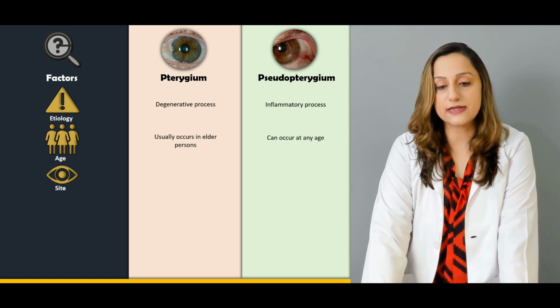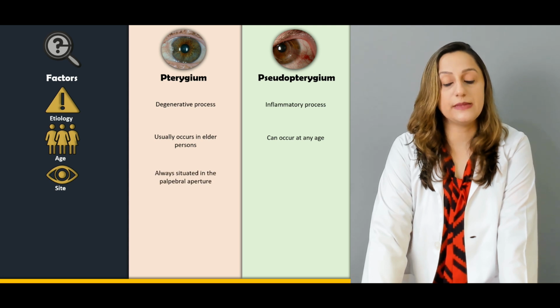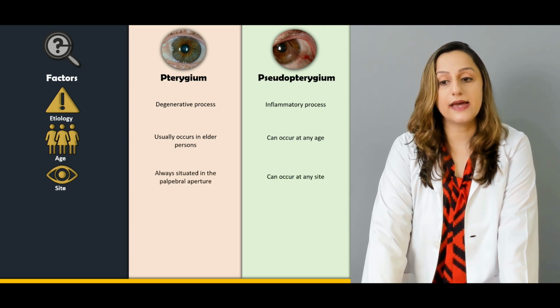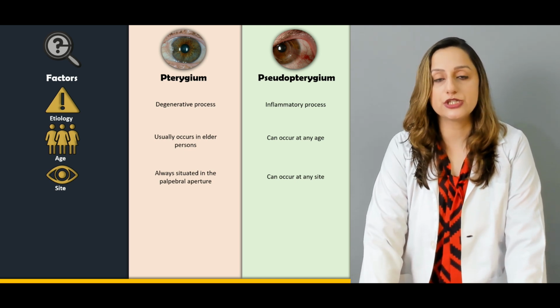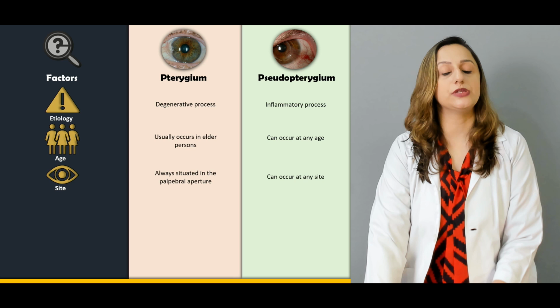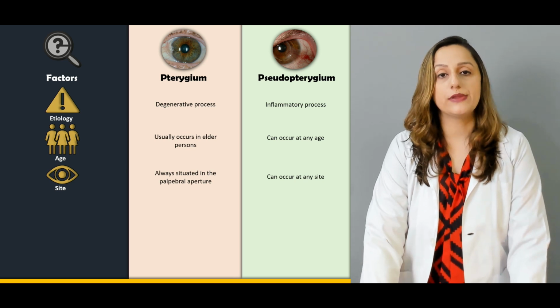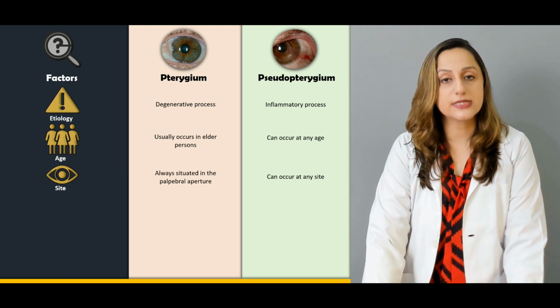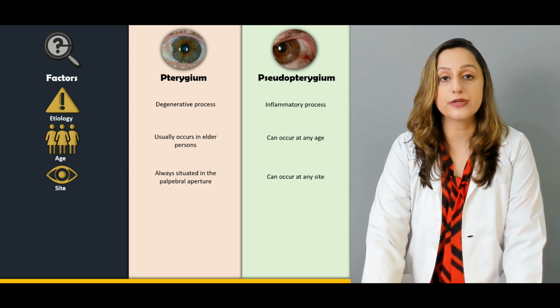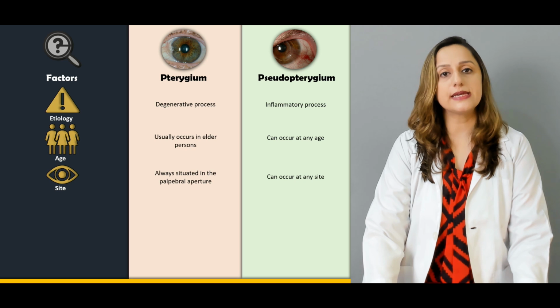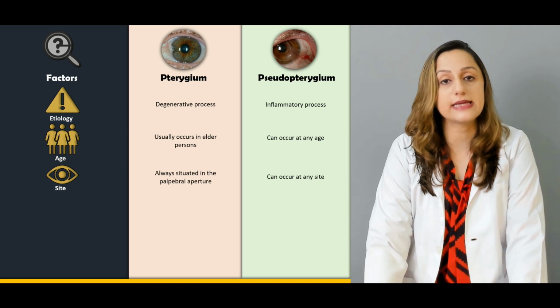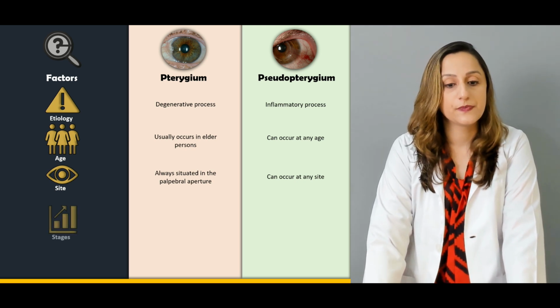The site of a pterygium is always in the palpebral aperture, while pseudopterygium can occur at any site and is not usually related to the palpebral aperture. It can relate to the bulbar conjunctiva or the tarsal conjunctiva, because infectious states or inflammatory conditions can arise at any level of the conjunctiva.